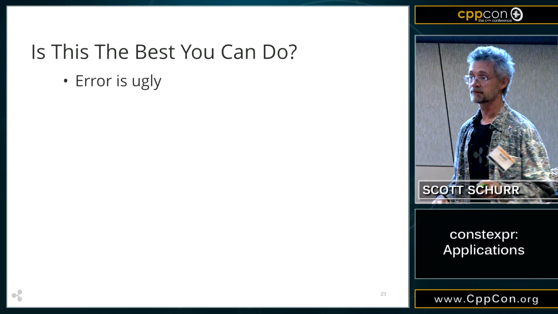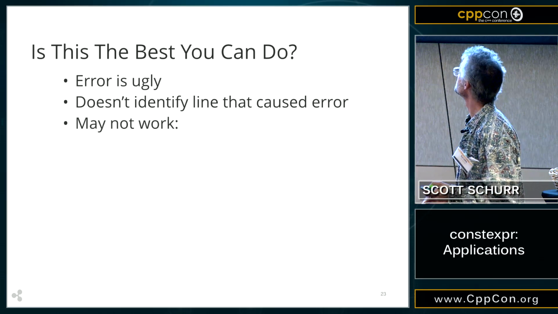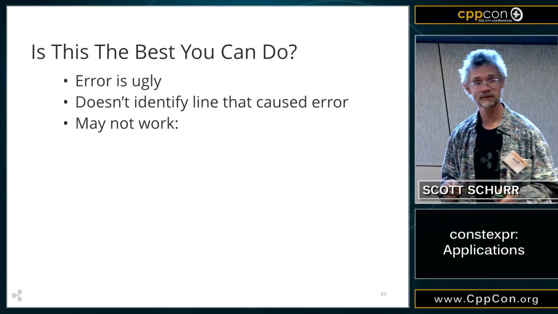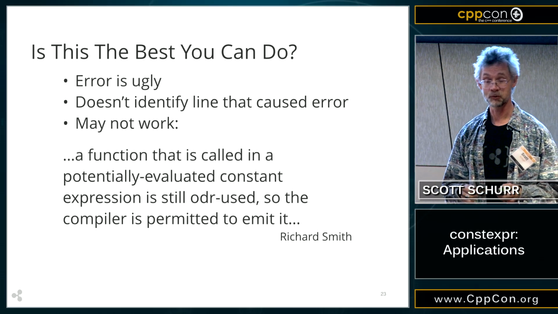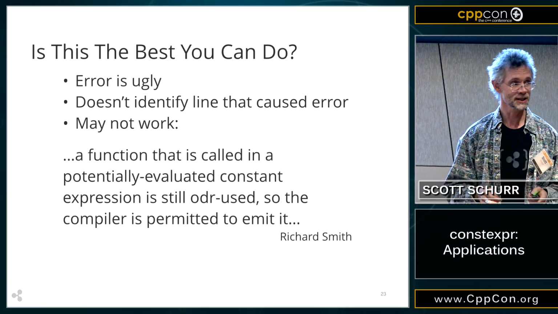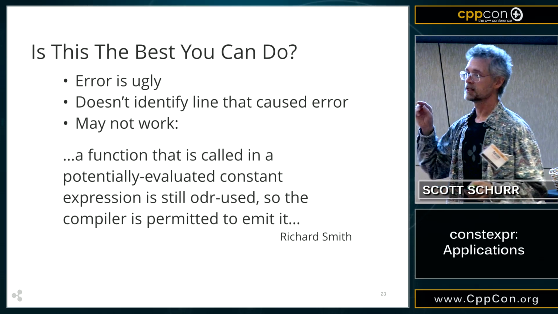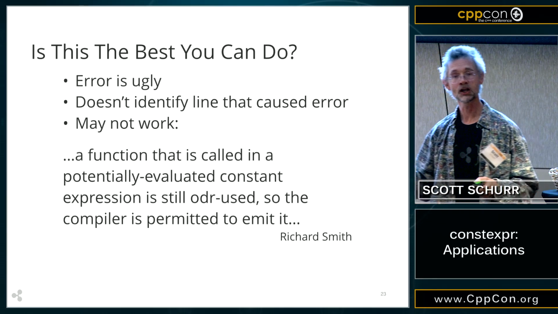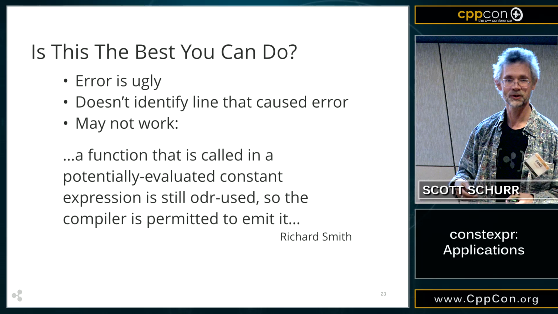Well, like I said, this is not pretty. But, oh, yes, and one more point. It may not work. Richard Smith, who is the brains behind constexpr in C++14, pointed out that even though the compiler and linker may be inclined not to include the throw, they're still allowed to include the throw.